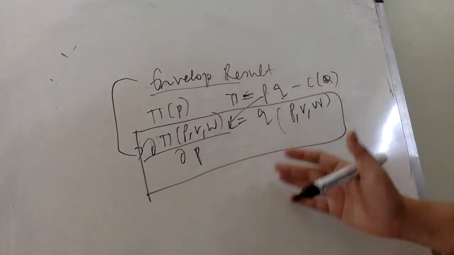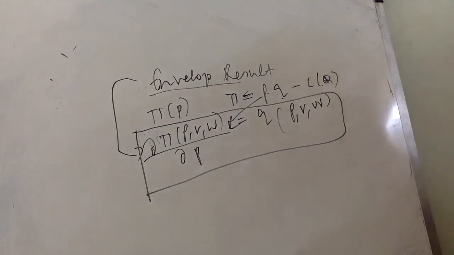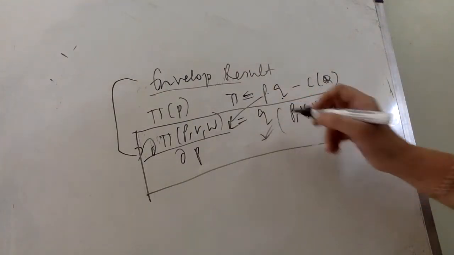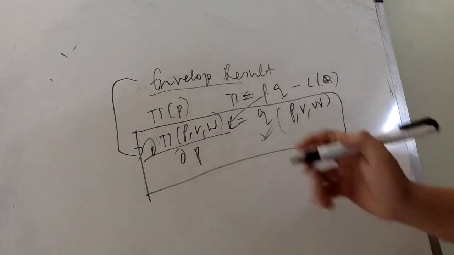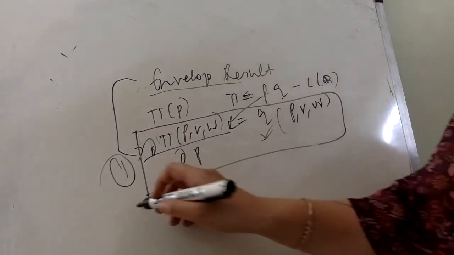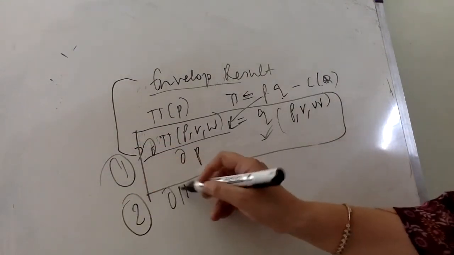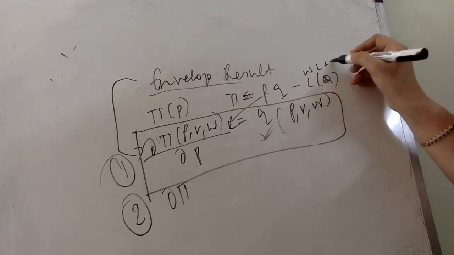However, for the envelope result, if specifically asked, then we show the derivative of profit with respect to the price, and then we come to this output as the desired result. This is one of the results of the envelope result. The second result is the derivative of profit. I can write the cost function as WL plus RK.